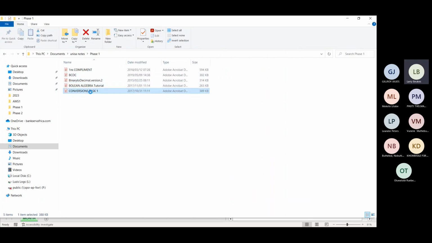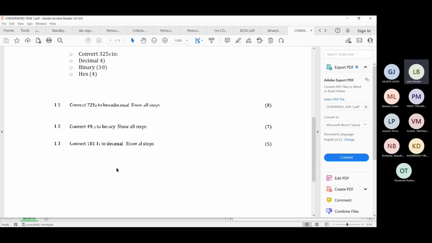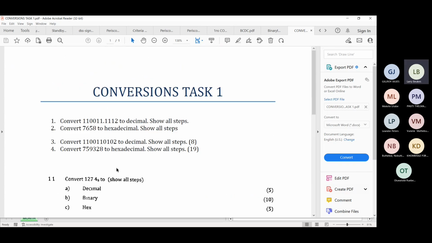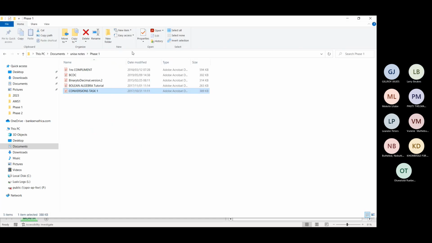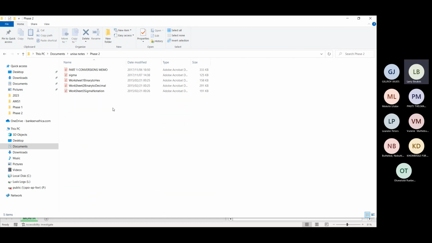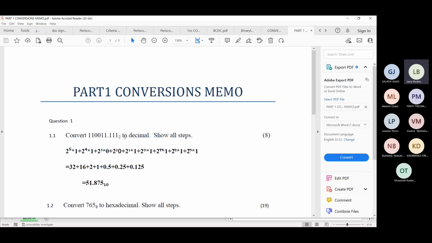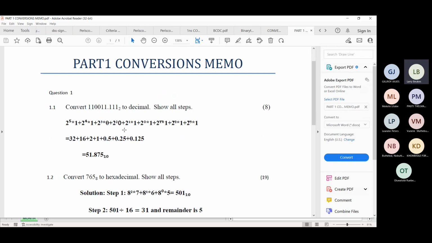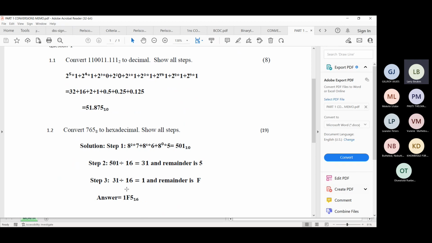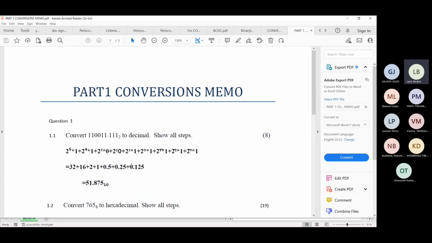Boolean algebra, you don't need to do Boolean algebra. Then conversions, task 1, I asked you if you can do this. And then always email it to me if you have time. But you don't need to email it if you don't have time, because a week later I will always send you guys the memo, the memorandum. So all the answers are here, guys. And then that boring method that I don't like is here as well. So you will be able to do that.